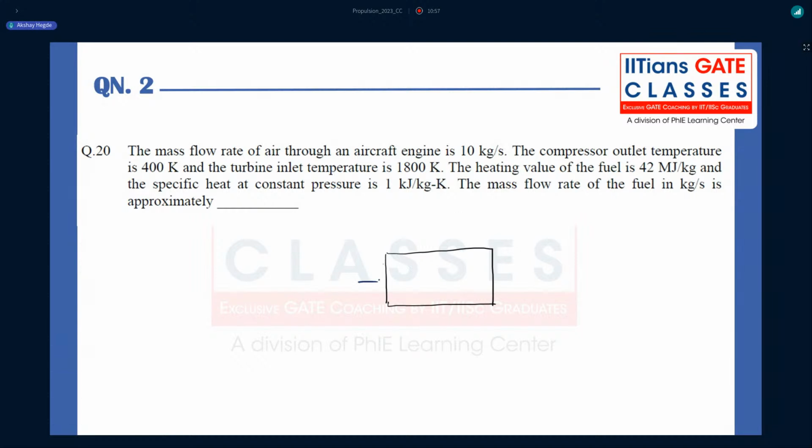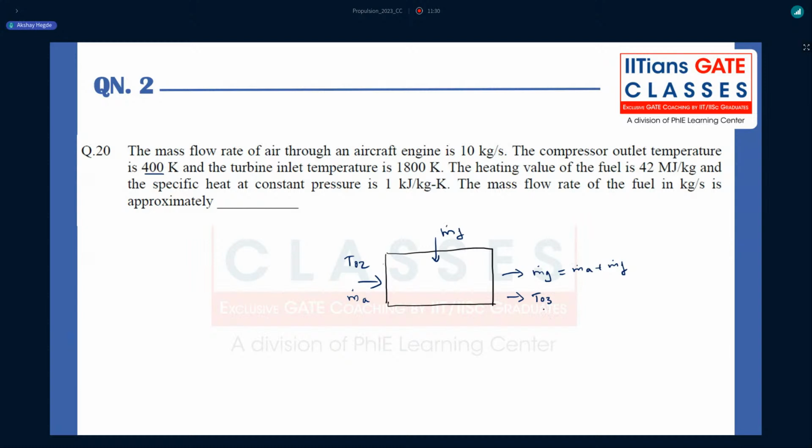I have air coming in, m dot A, with a temperature T02, and I have an exhaust condition from the combustion chamber, that is m dot gas, which is equal to m dot A plus m dot F. That means I'm adding some amount of fuel to the system. So now the exit temperature is T03. So they are given in an indirect way. The T02 is nothing but the compressor exit temperature. That is what they have given, 400 Kelvin.